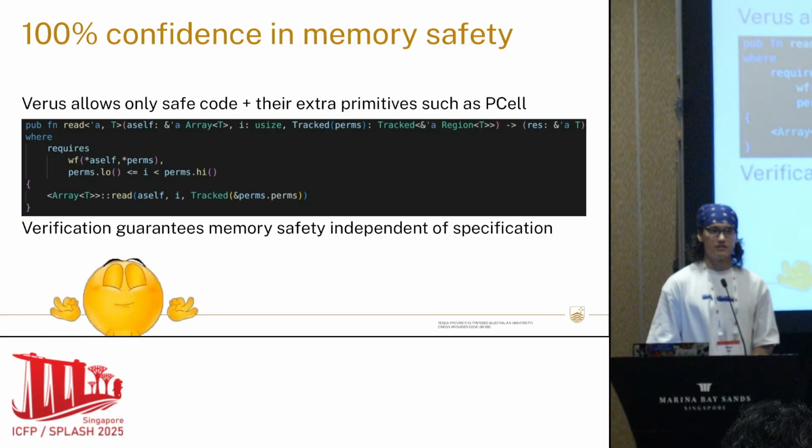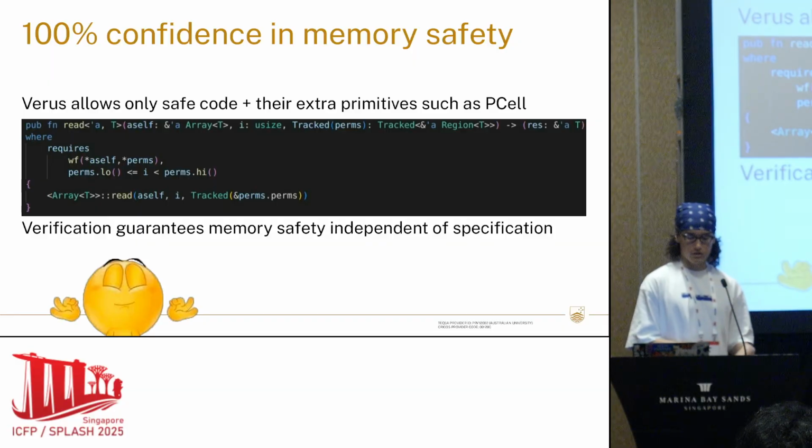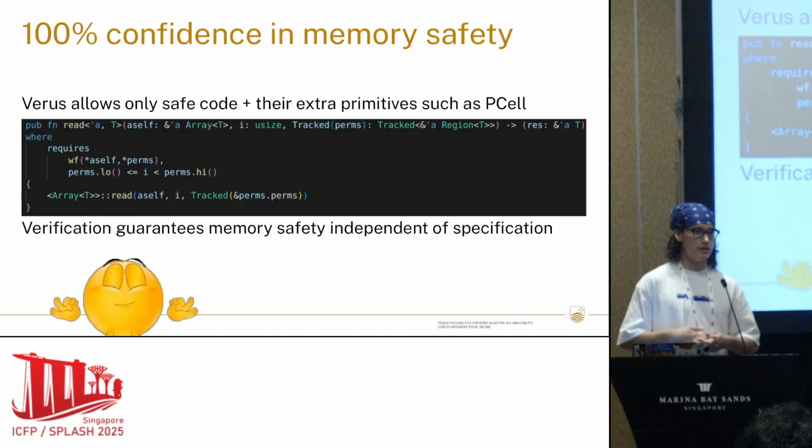What I liked is that I was pretty confident that my implementation is correct. My implementation is memory safe, because Verus allows only safe code plus their add-ons, their interior mutability. But their interior mutability cannot compile if you are using it incorrectly.